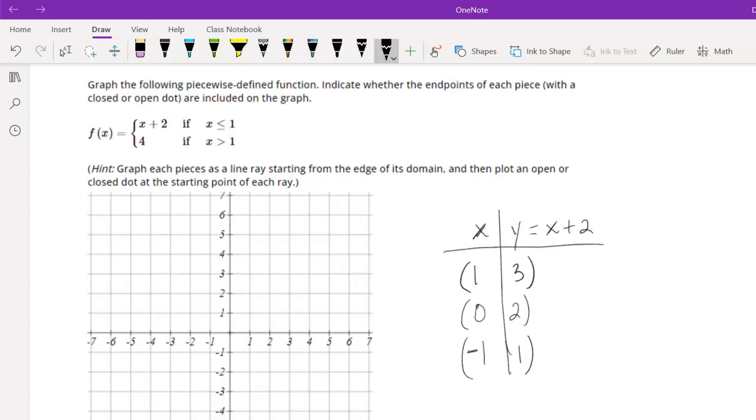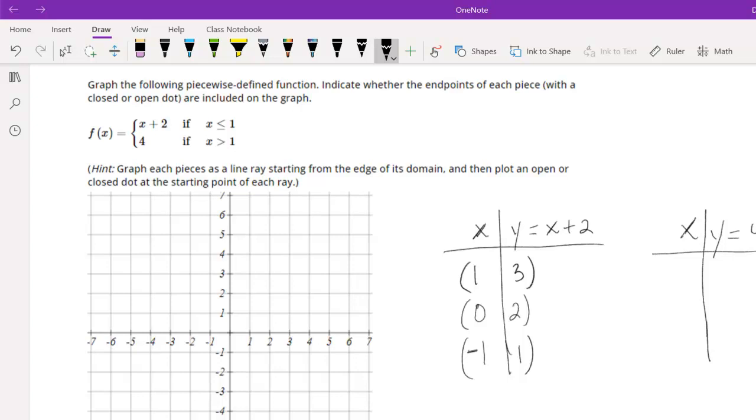I'm now going to make an x and a y chart for the second piece of our function. So here again, we're going to have an x and a y chart. Y is going to equal 4. So here again, for our interval on x, we want x is greater than 1. But I'm actually going to use 1.